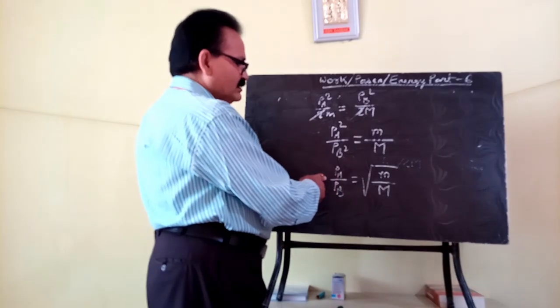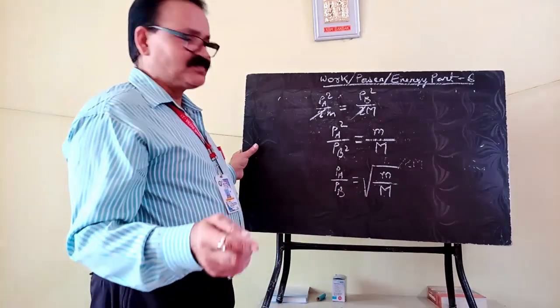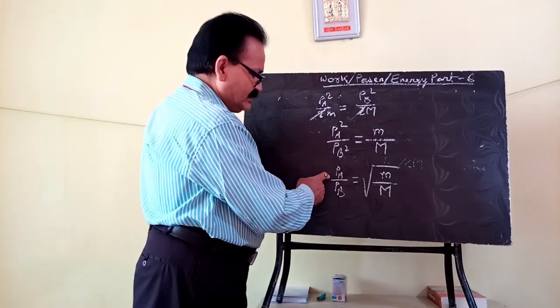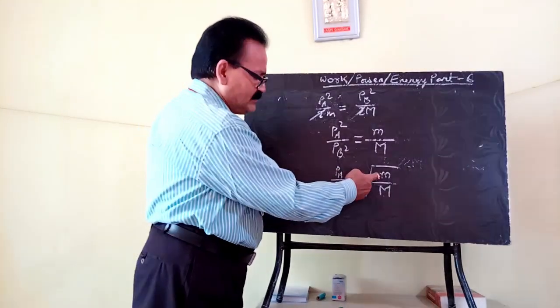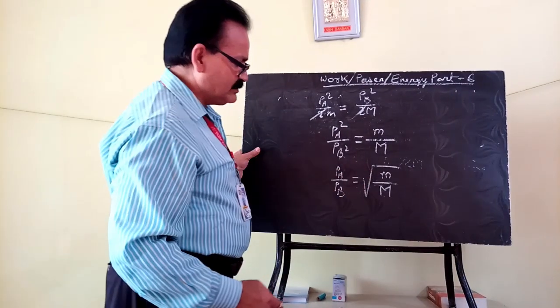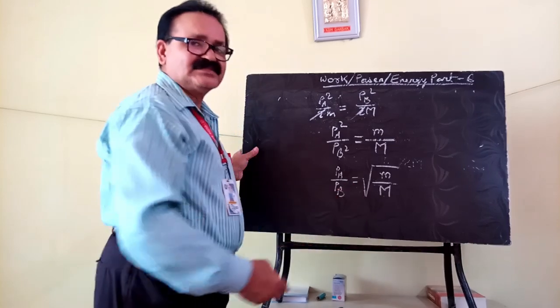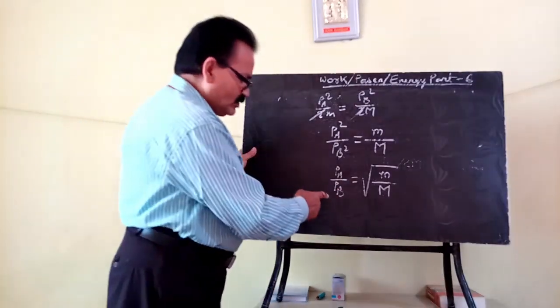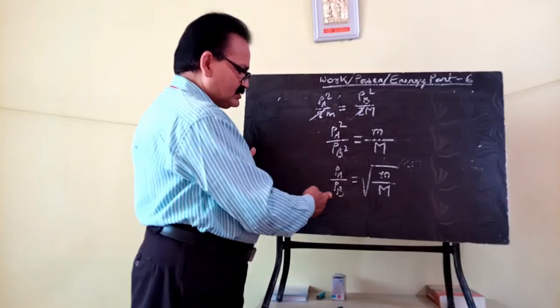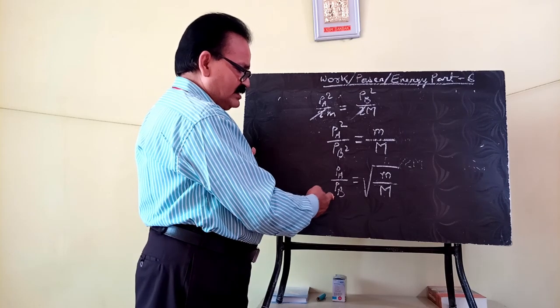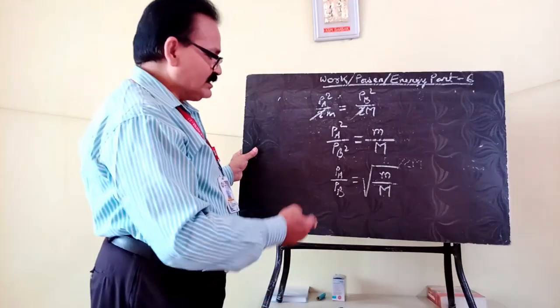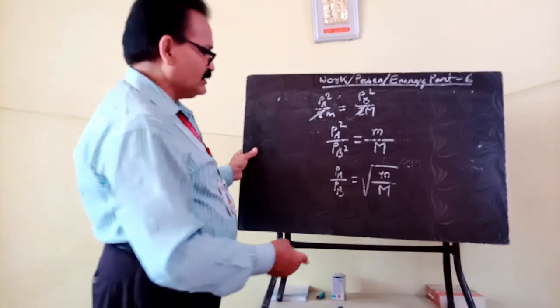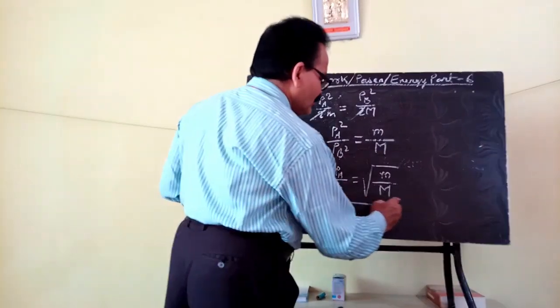So this is directly proportional, because PA is having small m and PB is having greater M. That means mass of B is more than that of the mass of A. That is why momentum of B is also more. So it is directly proportional to each other. Okay, you have got it.